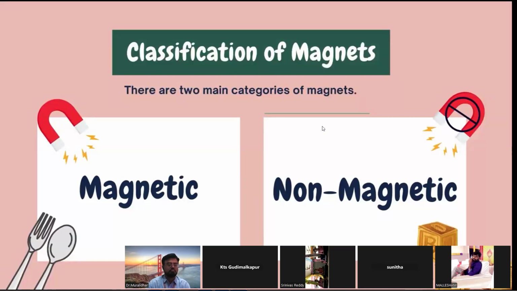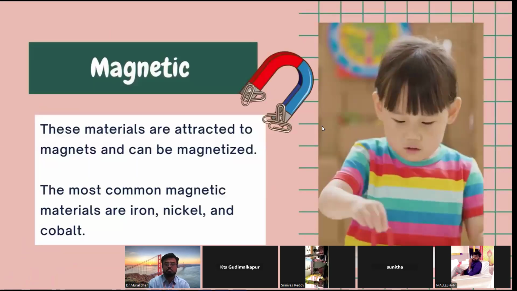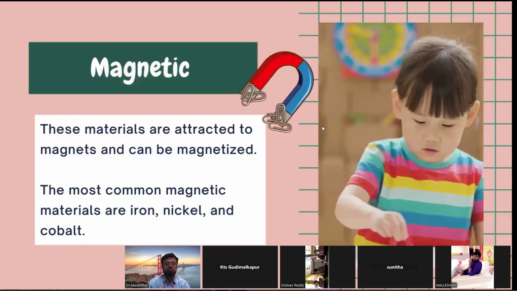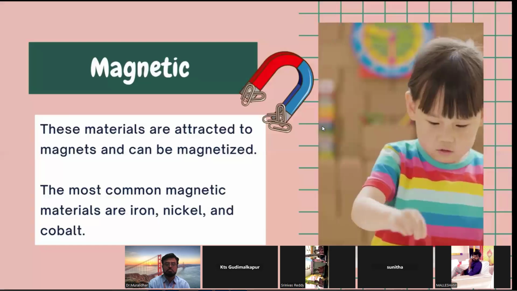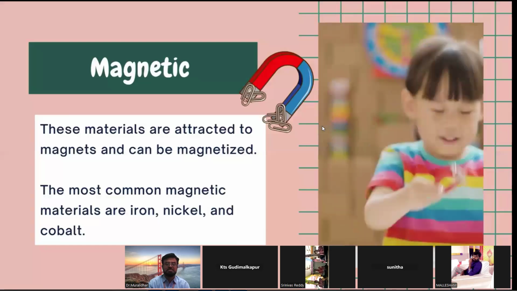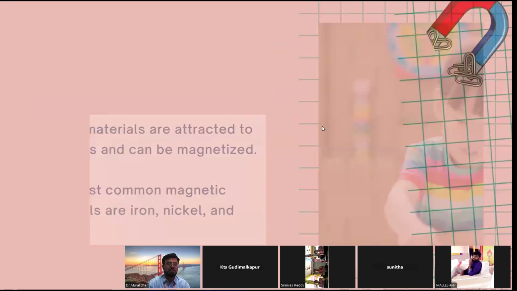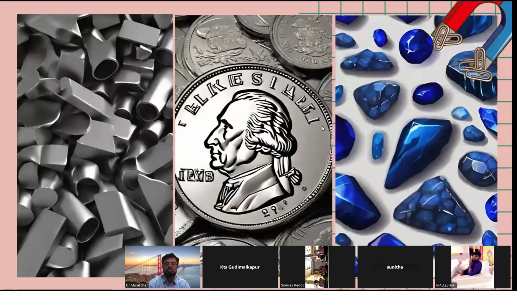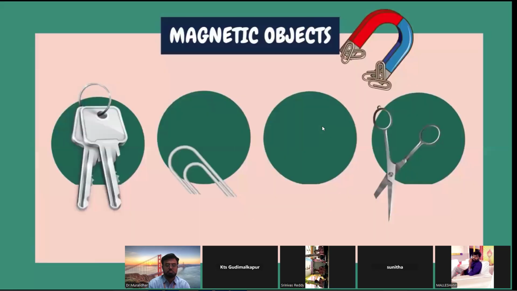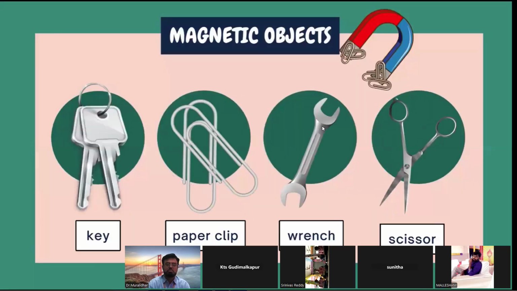Let's explore the properties of each type. Magnetic. These materials are attracted to magnets and can be magnetized. The most common magnetic materials are iron, nickel, and cobalt. Examples of objects made up of these materials are keys, paper clips, wrenches, and scissors.